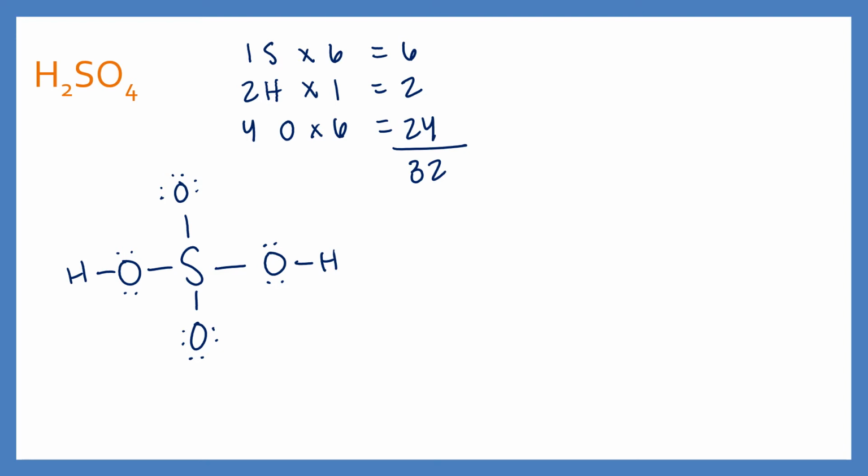Another option that you might come up with if you're also kind of working this out on your own is something like this, because we already said that we have some exceptions to the octet rule. Now I'm going to go ahead and tell you this is not correct. Let's talk about why.